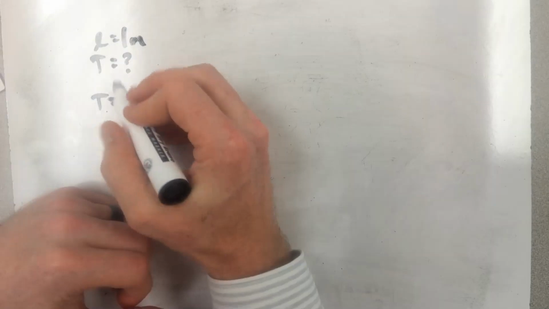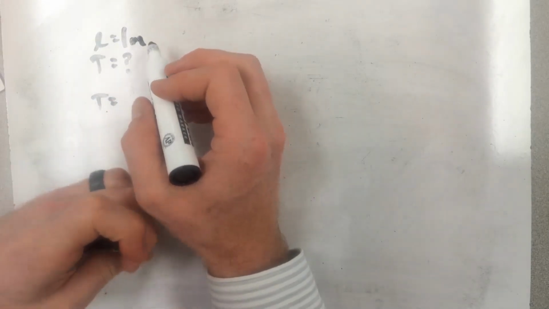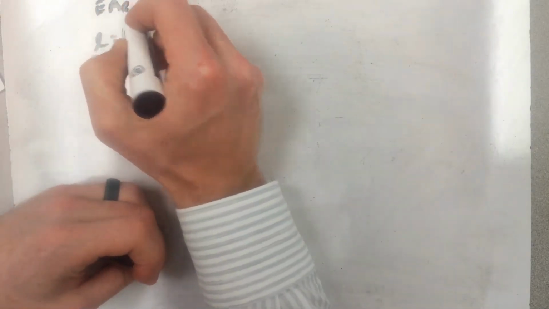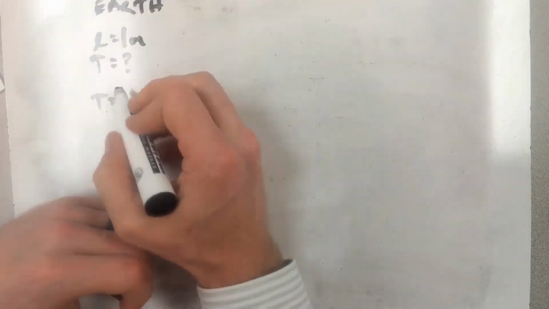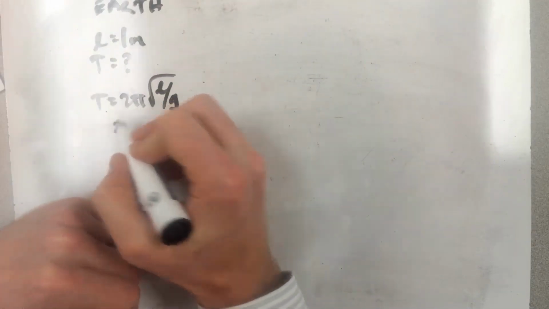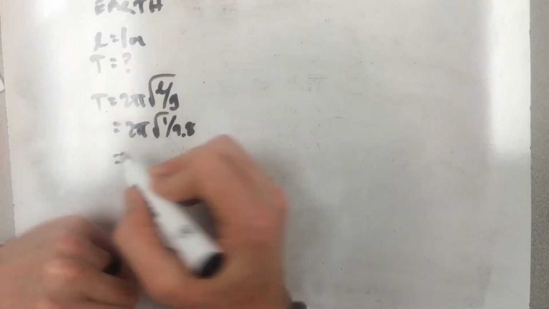So T equals, and again, if it doesn't give you anything else, then we're going to assume Earth. T equals 2 pi times the square root of L over G. So 2 pi times the square root of 1 over 9.8.